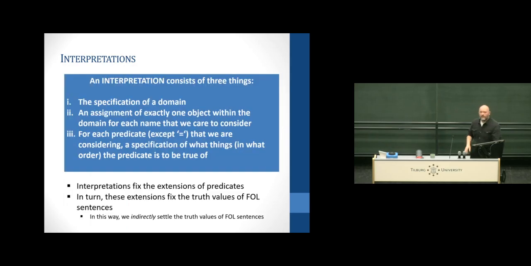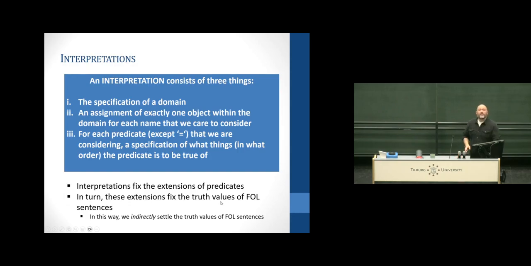So, again, an interpretation is going to give us a domain. If there's any names, it's going to tell us what objects in the domain the names are for. And then finally, and most importantly, it's going to tell us what objects in the domain satisfy which predicates. In this way, interpretations fix the extensions of predicates.